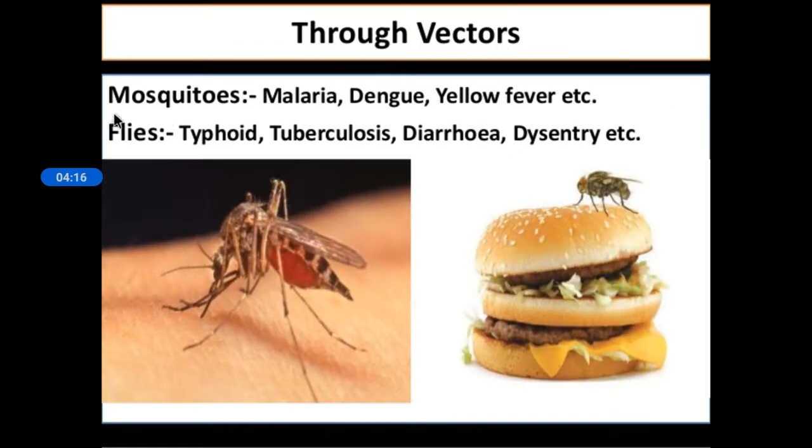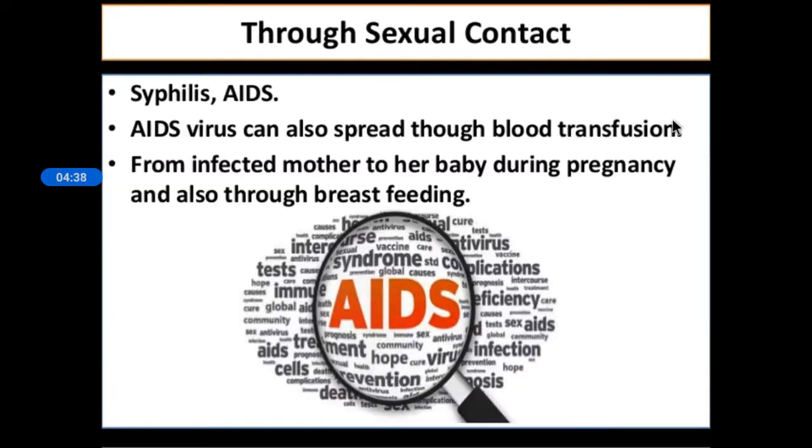Mosquitoes act as a carrier for the disease, that is why they are known as vectors, and the diseases are vector-borne diseases: malaria, dengue, yellow fever, etc. Then flies also act as a carrier, for diseases like typhoid, tuberculosis, diarrhea and dysentery.